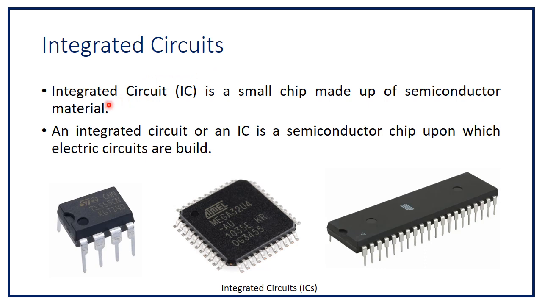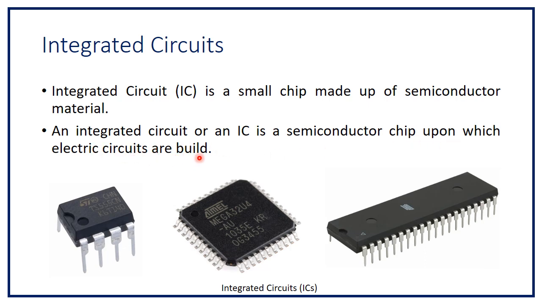Integrated circuits. An integrated circuit is a small chip made up of semiconductor material. We mostly call them ICs. Basically, ICs are small chips made up of semiconductor materials, and an IC is a semiconductor chip upon which electric circuits are built.